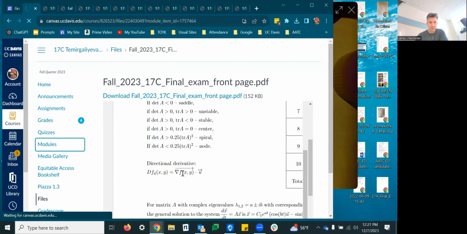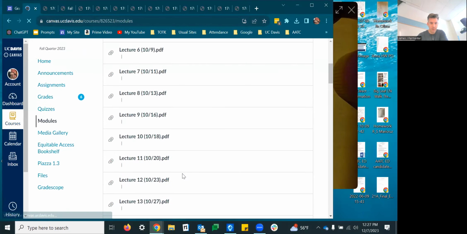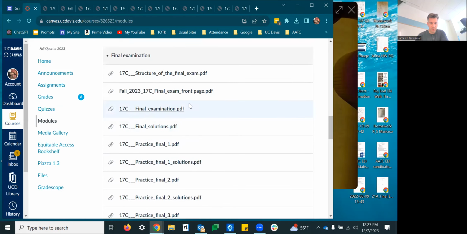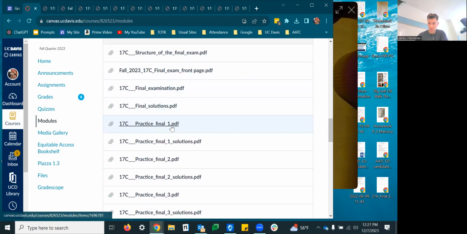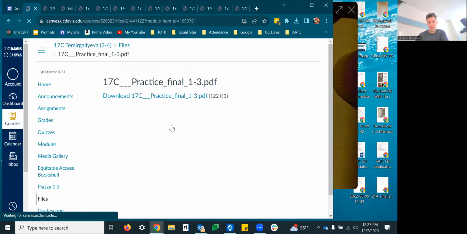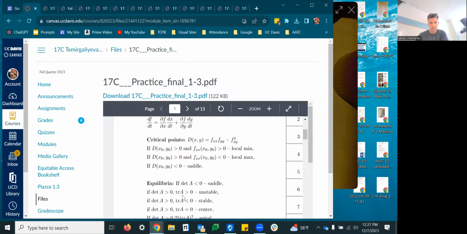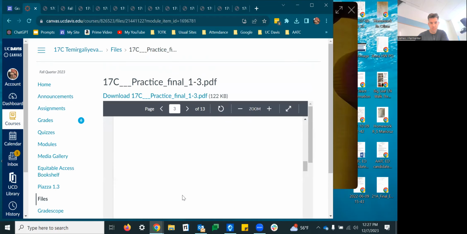Sorry, one second. That's not where I want to be. It's just way down the bottom. Okay, so it's practice final 1. I think I might have lost the page when I printed it out.